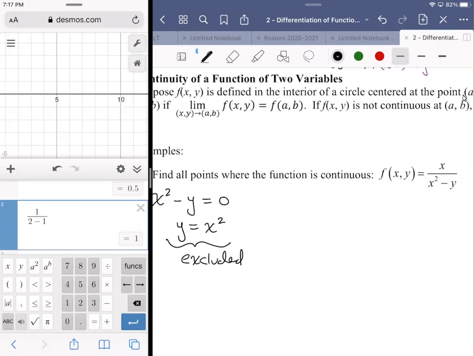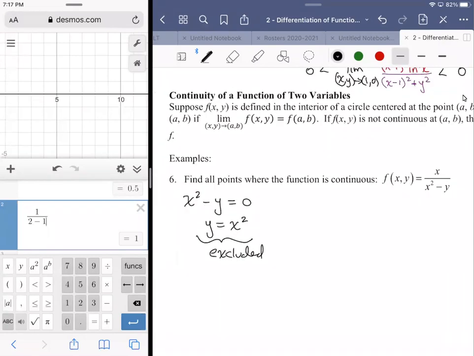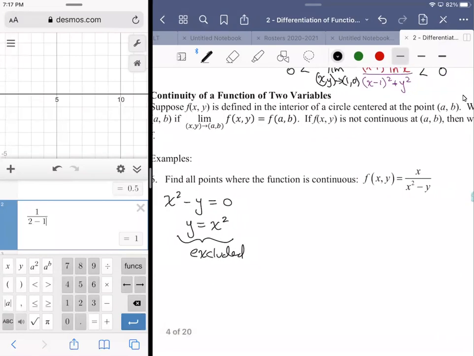What we can do, we can handle this a couple of different ways, but typically we're looking at the limit as (x, y) approaches some (a, b) of f(x, y), that's going to be equal to f(a, b).